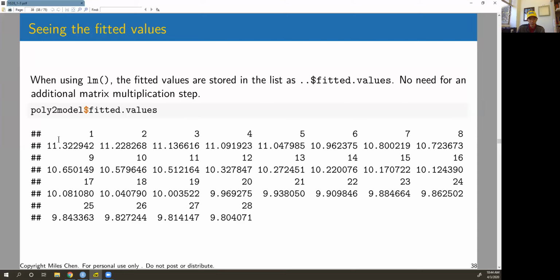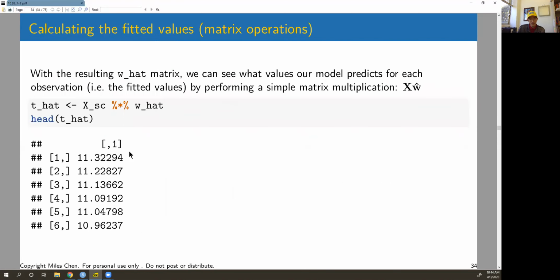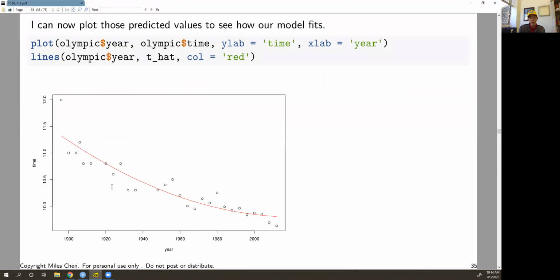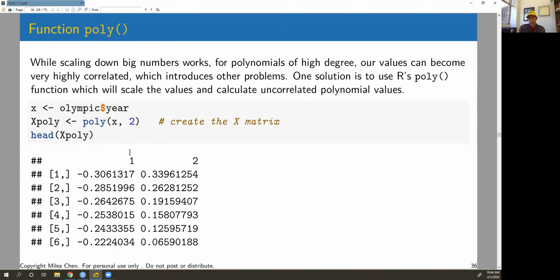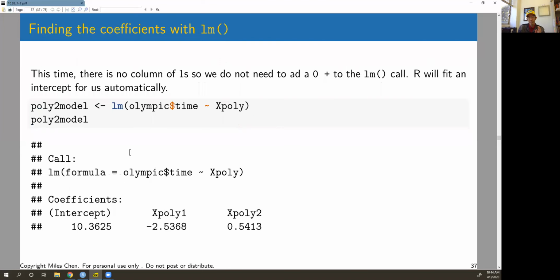If we look at these fitted values, 11.3229 and 11.228, these are the same values that I got when I did it manually. When I did it myself manually and fit the predicted values, I got 11.3229, 11.228, 11.136. And here I've used R's polynomial function, so I don't have to manually create my matrix of a column of ones, a column of x's, and a column of x squared values.